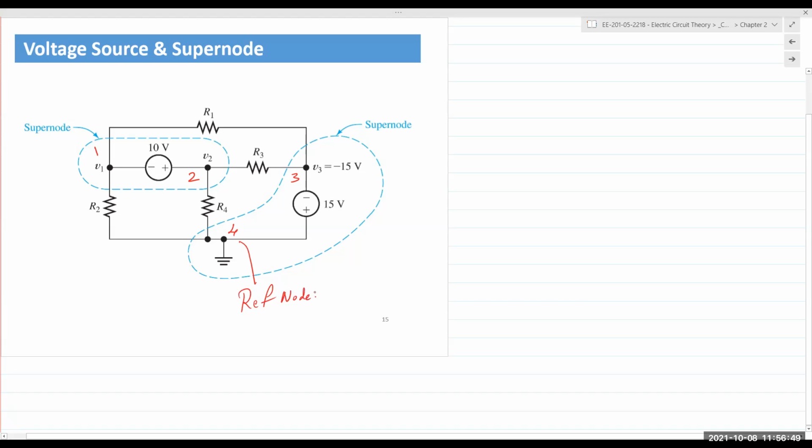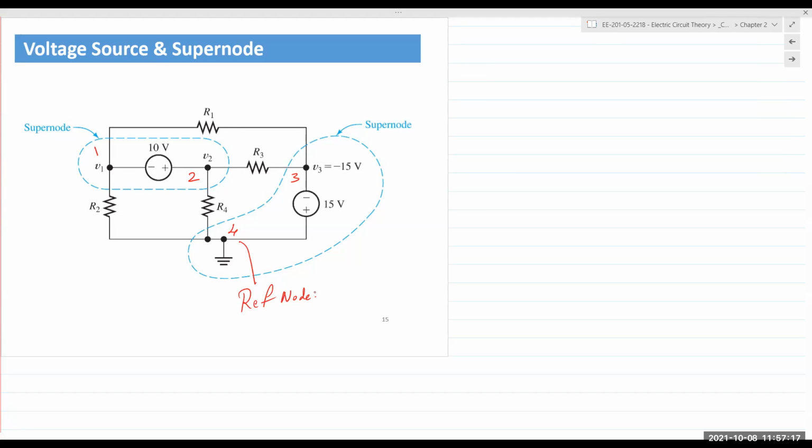If node 4 is my reference node, it's also ground, but actually ground does not matter. The voltage source is connected with a plus at my reference node and minus at node 3. So if your voltage source is a plus here and a minus here, automatically it means node 3 is lower than node 4 by 15 volts. And that's why V3 is minus 15 volts, right?